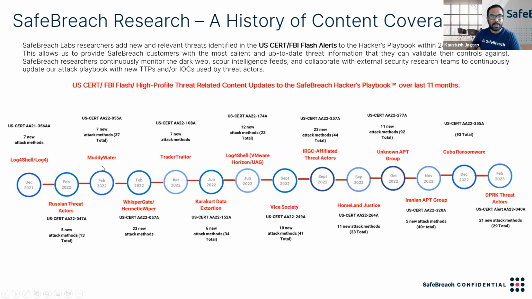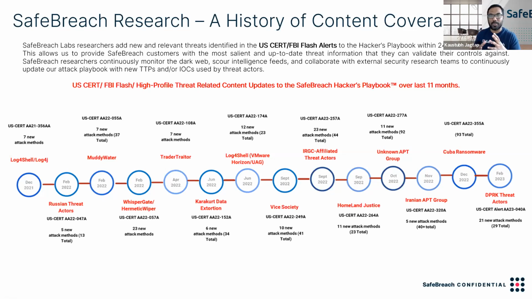Case in point: in November 2021, there was an FBI Flash talking about Cuba ransomware. I think they had just begun observing it. But over the period of a year, it became so prevalent that US-CERT released a new alert in December of last year, just two months ago, that focuses on Cuba ransomware. We have 93 attacks in our playbook.